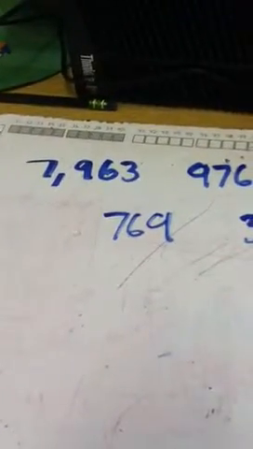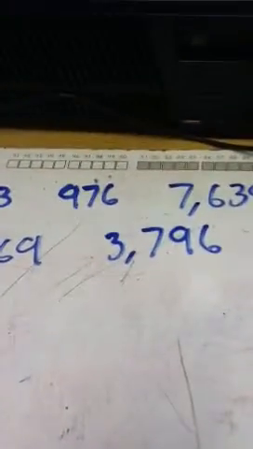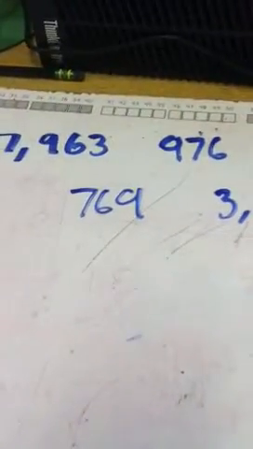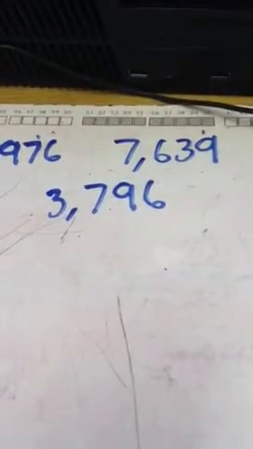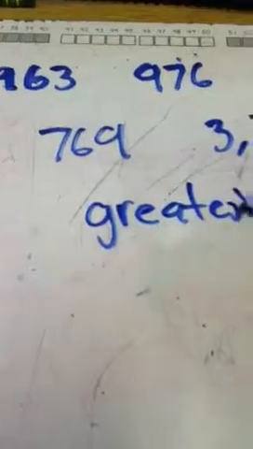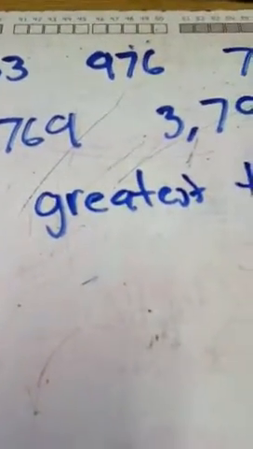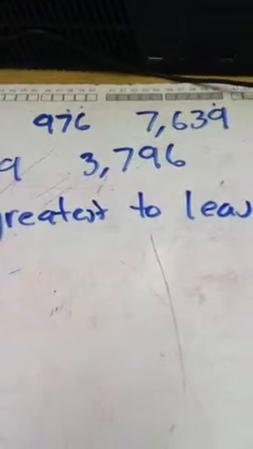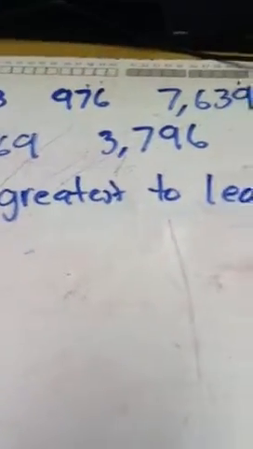So those are my 5 numbers: 7,963, 976, 7,639, 769, and 3,796. So again, these are going from greatest to least. Please record them on your sticky note, and when you're done with your sticky note, bring it over and I will check it over. Thank you.